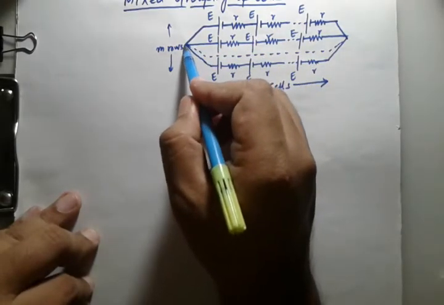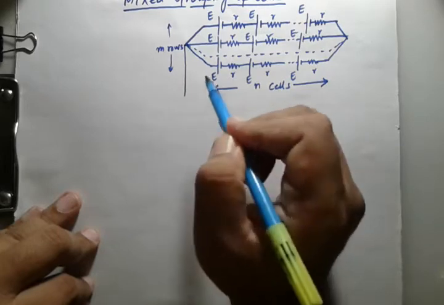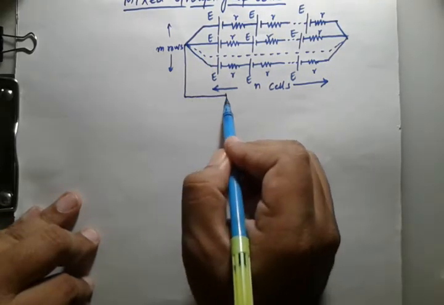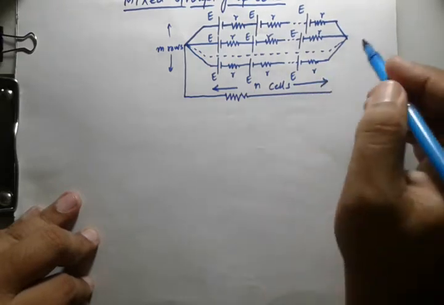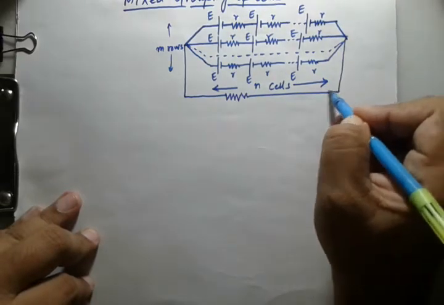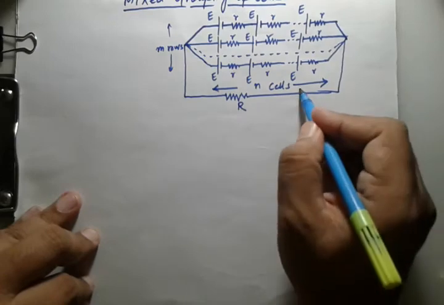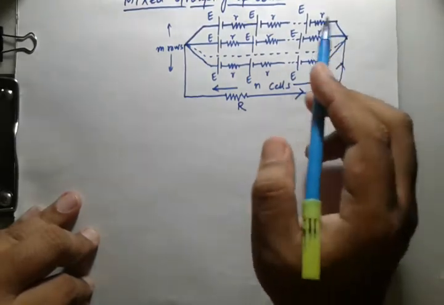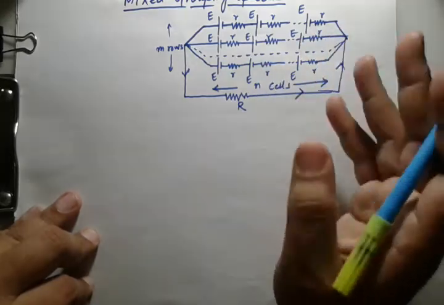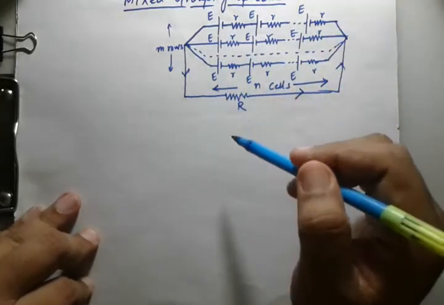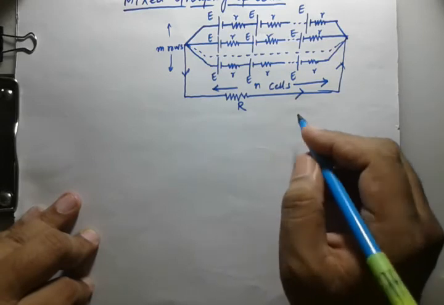Now it's connected here with the external resistance R, like this way. Resistance R, and current I is passing in this direction. So now same thing, you will get the equivalent of this one to look like this.